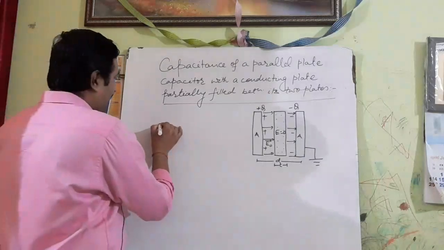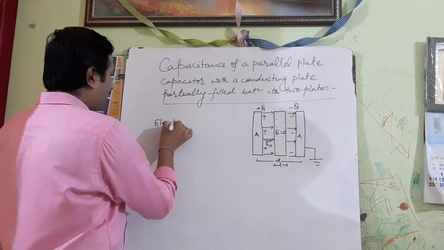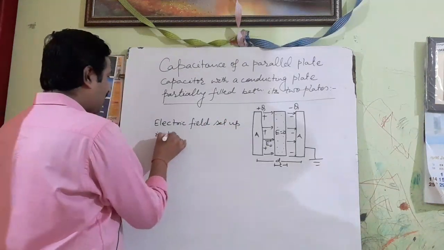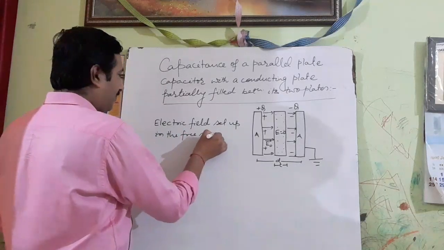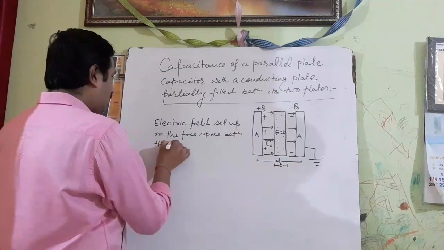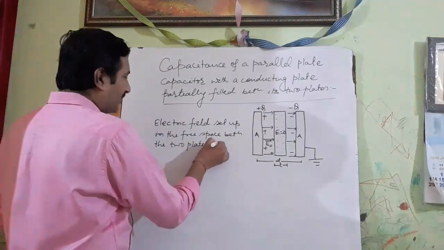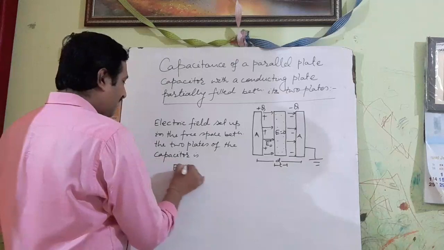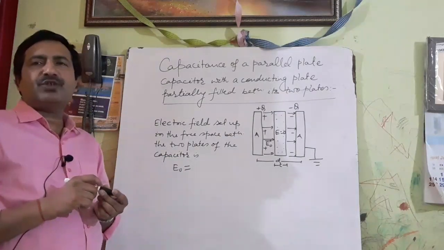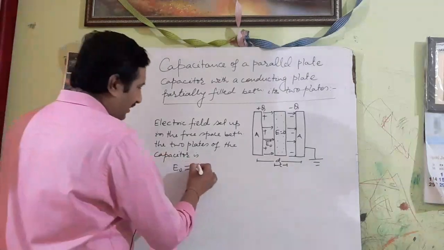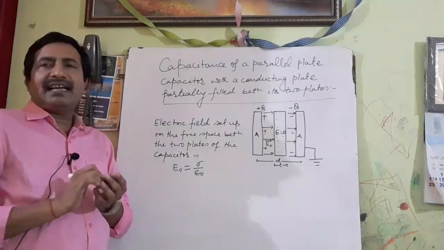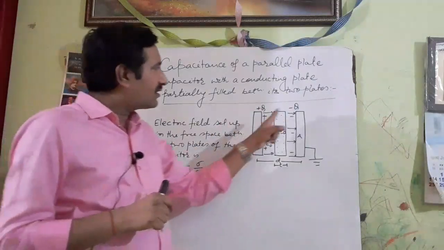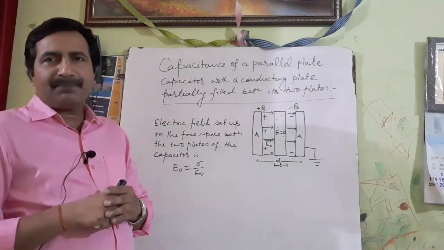You see, the electric field set up in the free space between the two plates of the capacitor is denoted by E naught, and E naught is equal to, as you already learnt, Q by epsilon naught A. If you want to understand it again, E is sigma by epsilon naught, because you learnt the electric field between two charge carrying plane sheets is sigma by epsilon naught if the charge densities on the two plates are the same and of opposite nature.